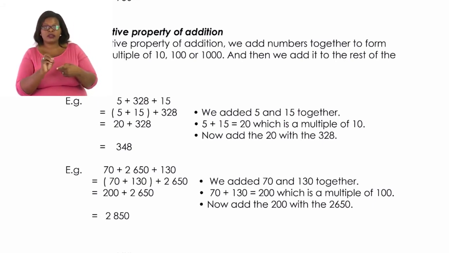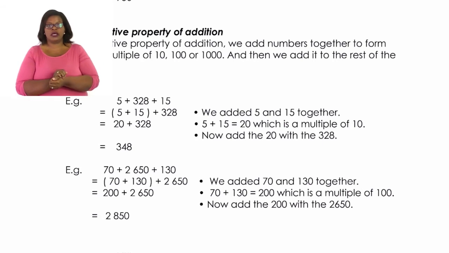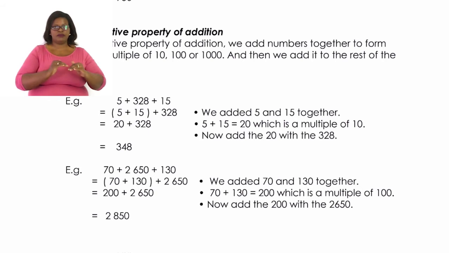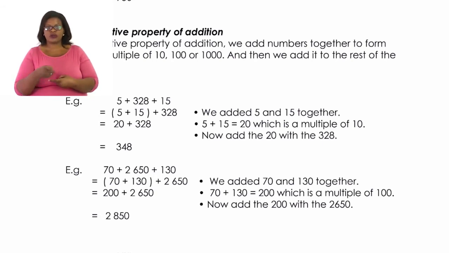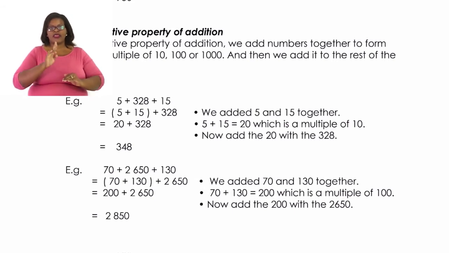We put 70 and 130 in brackets plus 2,650. If I add 70 with 130, that will give me 200, and 200 is a multiple of 100, plus the 2,650. And now we add 200 plus 2,650 together, and that will give me 2,850. So that is the associative property of addition.